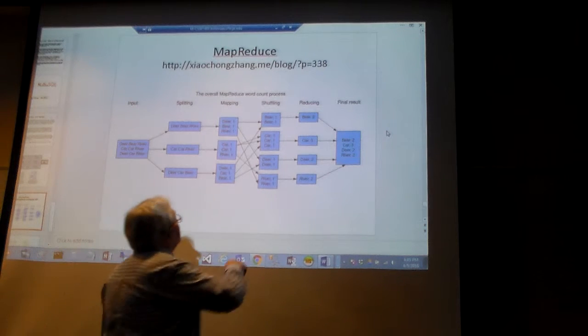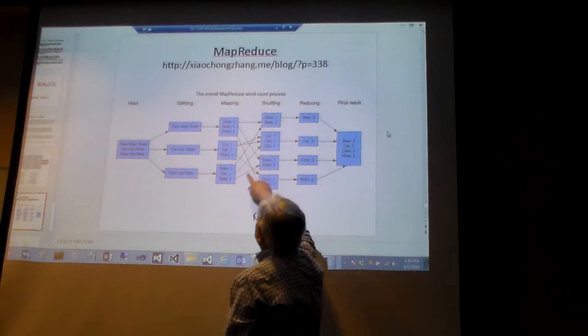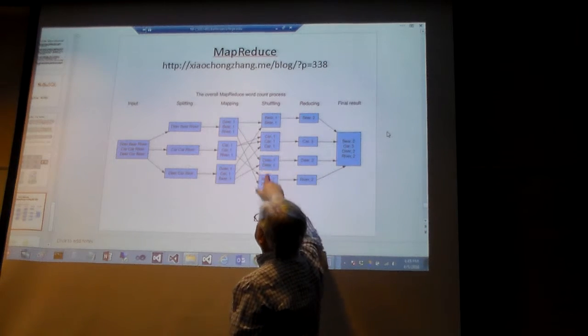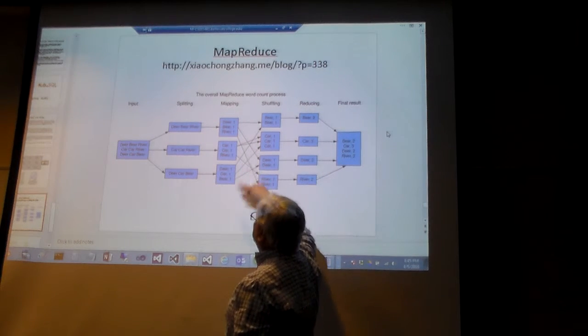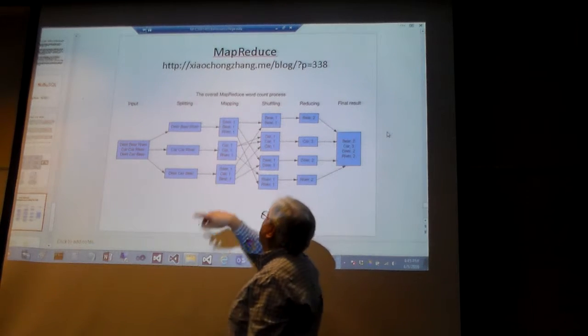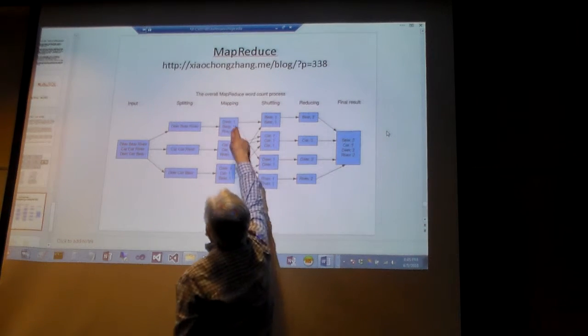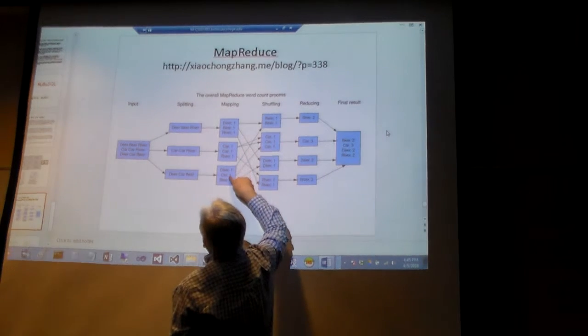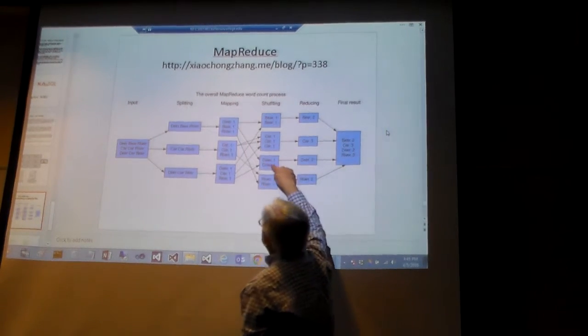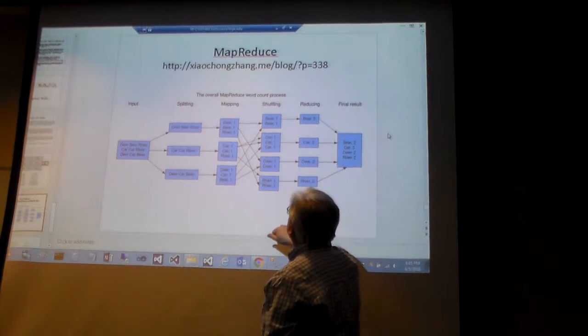Now, these guys do what's called shuffling, and they start writing to these intermediate computers. They're writing their intermediate results. He says to this guy who accumulates bears, I got 1, and he got 1. They all had a car, so they all go to this guy. 2 of them had a deer, and 2 of them had a river, right?